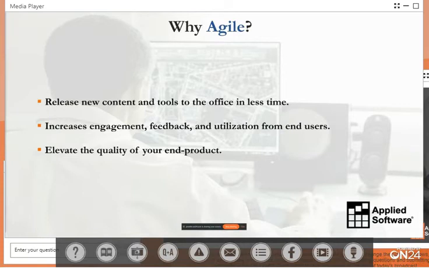And then the third thing that I think is probably an understatement here is that Agile can help you really elevate the quality of your end product. As you're building something, the reality is that a lot of times there's going to be a beta phase, right? Like it's just not going to be perfect on your first go around.